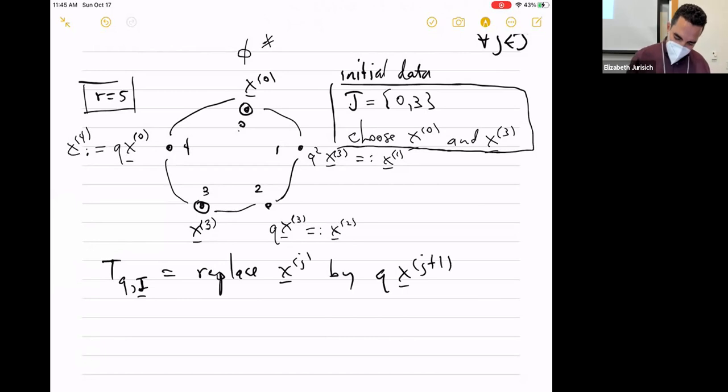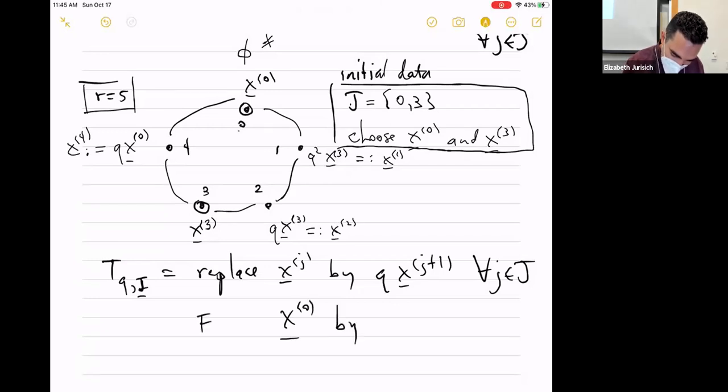This is for all j in J. It's not everywhere, so at some vertices it does nothing.